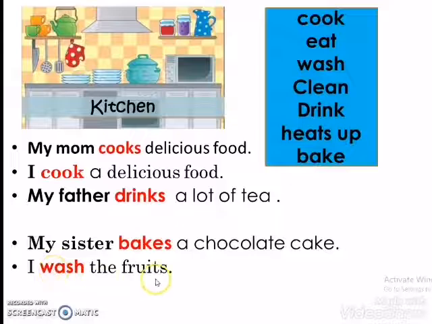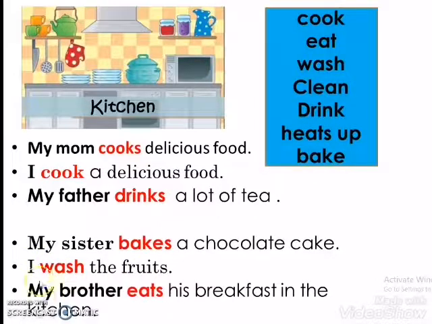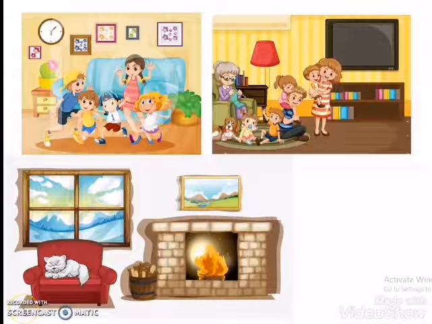I wash the fruits. I does not add s, as in I wash the fruits. My brother eats, because I have my brother, one noun. My brother, a singular noun.